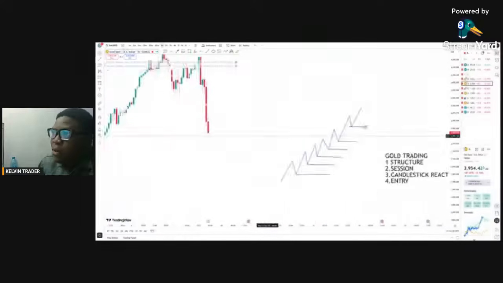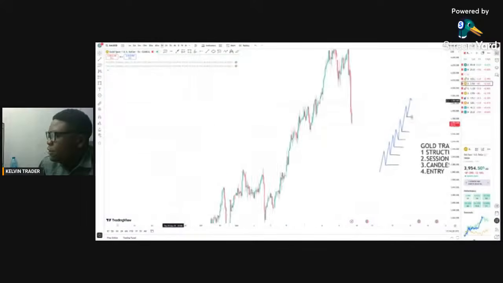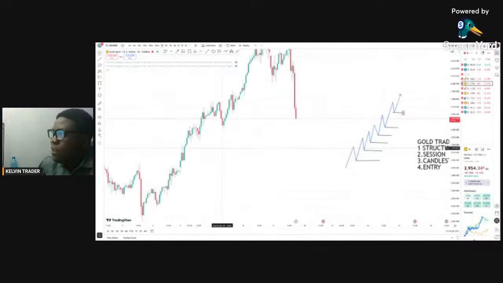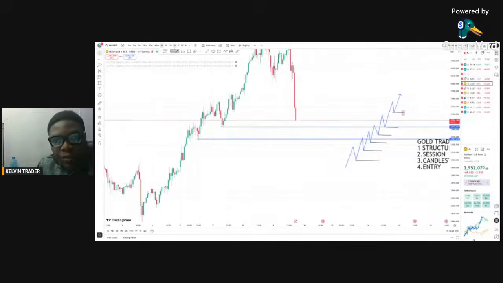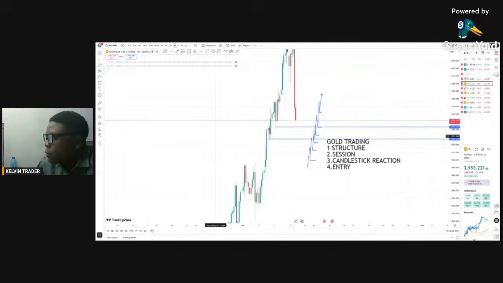Let me show you guys how I draw out structure now. Let's take for example this chart. See my structure, let me draw out here. See this, this. Where you draw out the structure is mainly 4 hours, 1 hour, and day one.